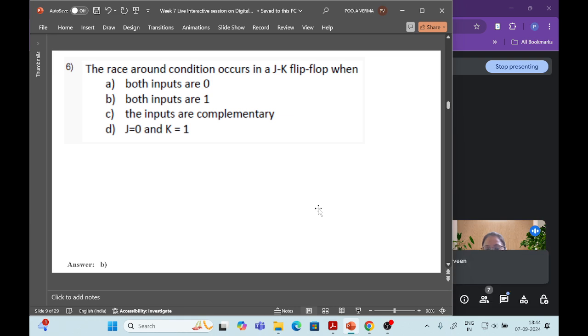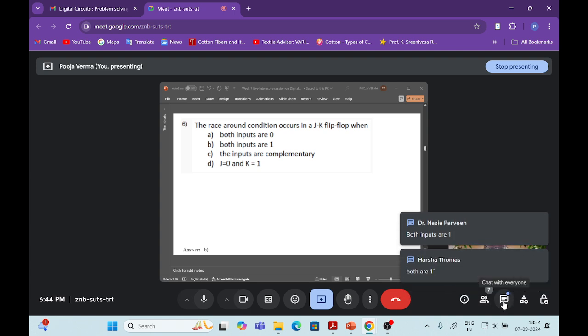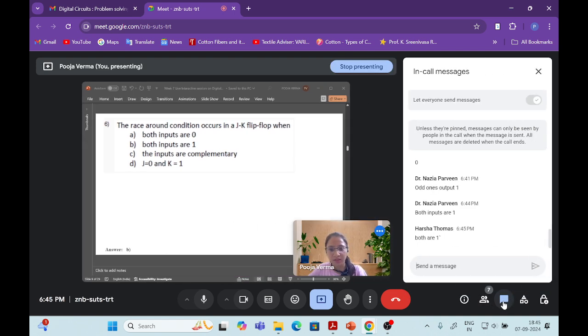So race around condition, yeah, when both inputs are 1, then race around condition will occur in a JK flip-flop. In the JK flip-flop, if both J and K inputs are 1 for a long period of time, the output will toggle as the clock is high, which makes the output of the flip-flop unstable. It will toggle 0 to 1, 1 to 0.